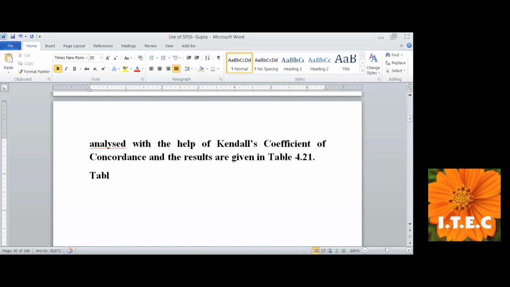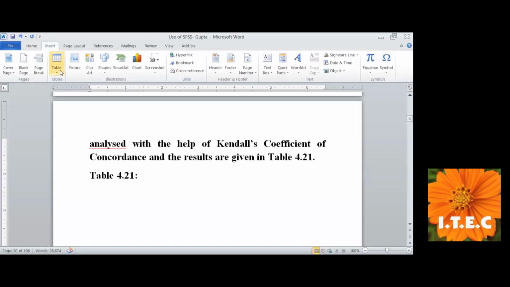Now here it is, table 4.21. Here I say insert a table.